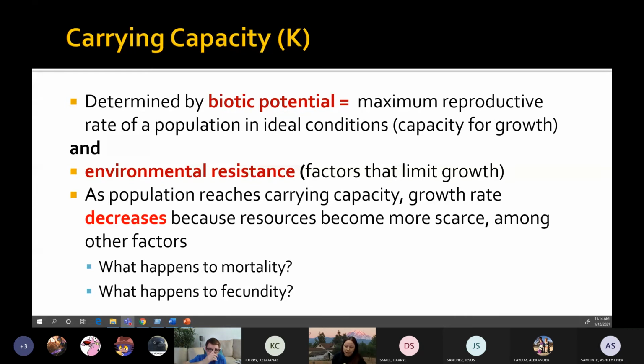So what happens to mortality? Do you think mortality increases or decreases as you approach a carrying capacity? Can you repeat the question again? Yeah. What happens to mortality or death rates as you approach carrying capacity?